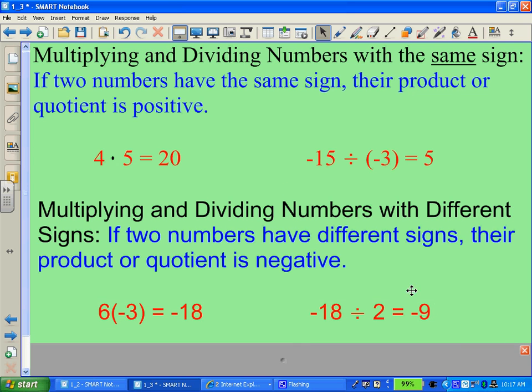Now if you have different signs, your answer will always be negative. So if you have one positive number, one negative number, your answer is negative. It's not like adding and subtracting where you keep the sign of the bigger number. They're different, it's negative. Same, positive. Different, negative. Those are your multiplying and dividing rules.